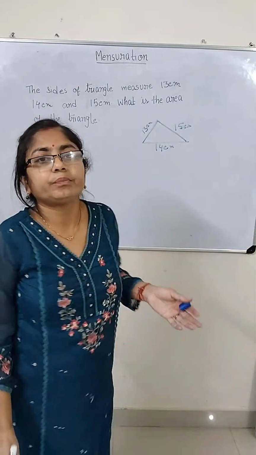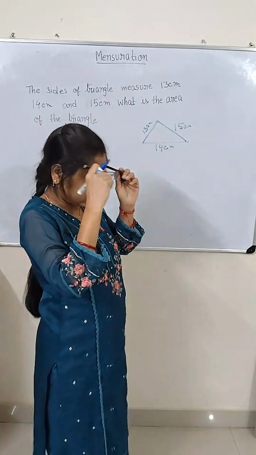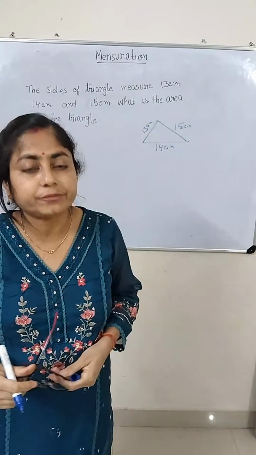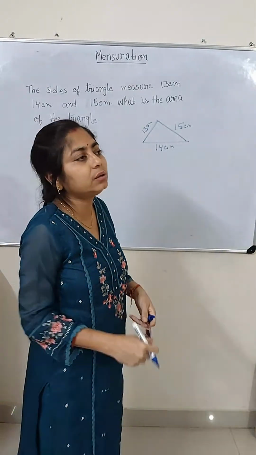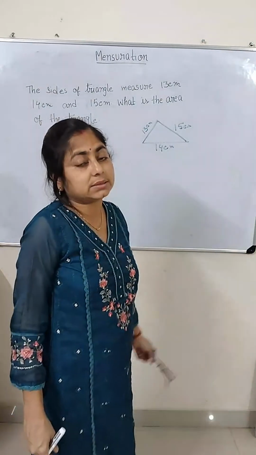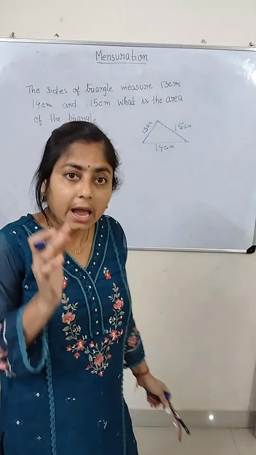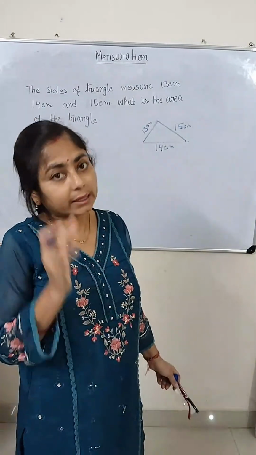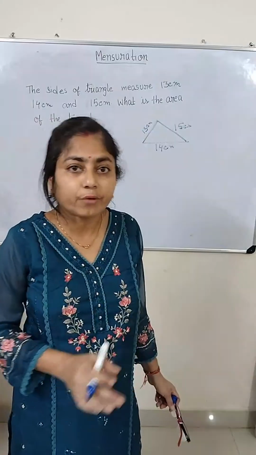Listen one thing, we know there are two formulas to find the area of a triangle. One is half into base into height. But in this math you do not know any height. Then how can you do? So at that time you apply Heron's formula.